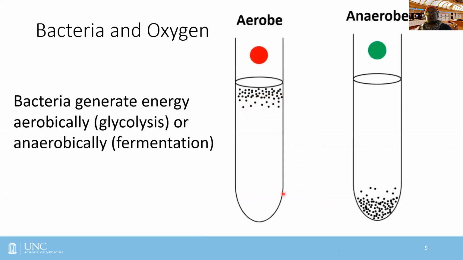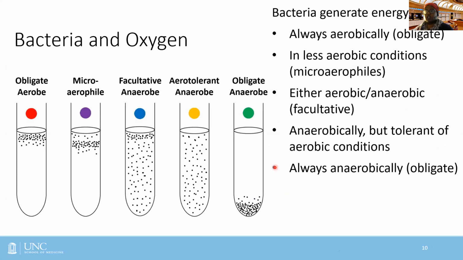Along with having various functions, bacteria have different relationships with oxygen. The general knowledge is that bacteria generate energy either aerobically, through glycolysis, or anaerobically, through fermentation. But it's actually more of a spectrum and much more complex. Some bacteria always generate energy aerobically and can only exist in the presence of oxygen. These are referred to as obligate aerobes.